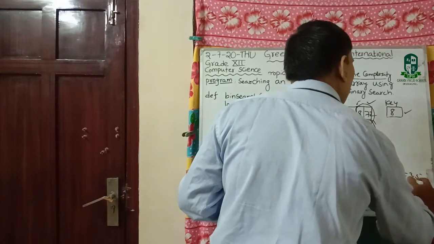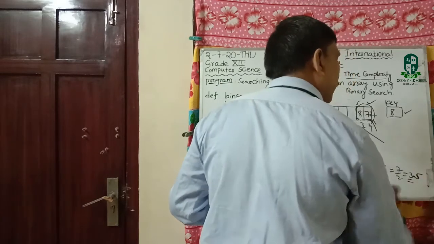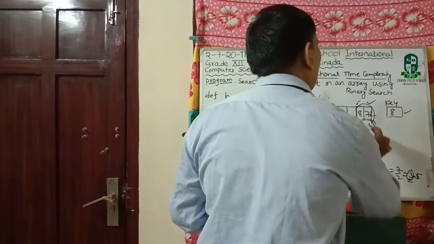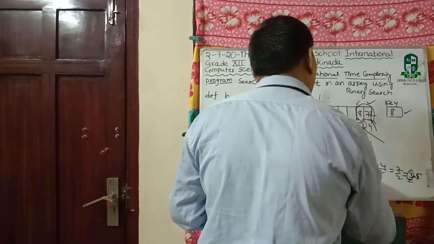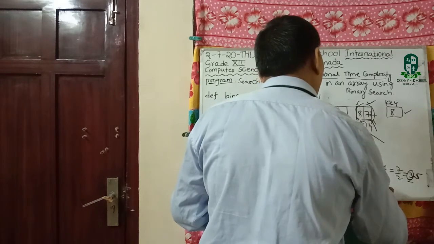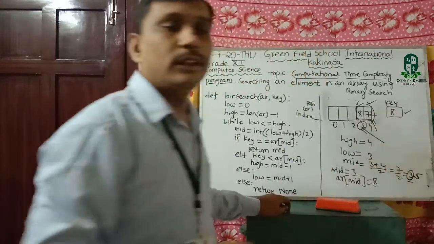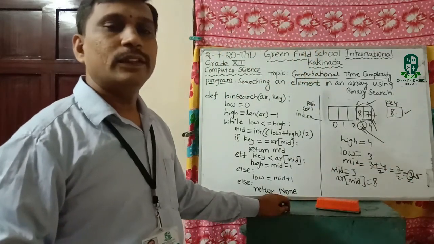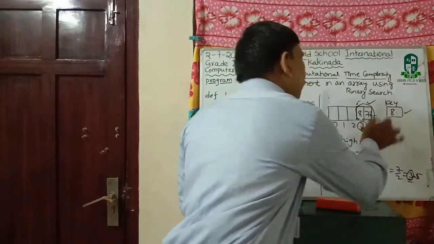We consider only the integer part; when we have decimal points, we take only the integer part. So our mid value is set to 3. Array of mid is equal to 8. Then we compare the key element with array of mid. Both are the same, so our key element is found.